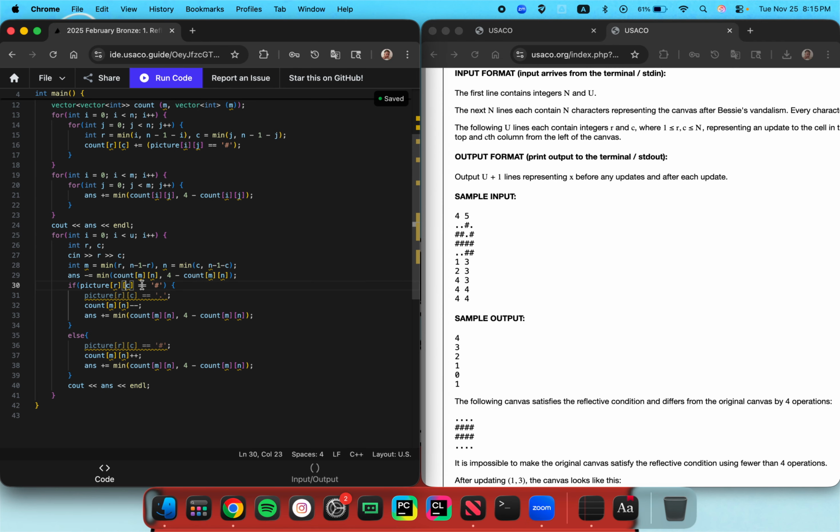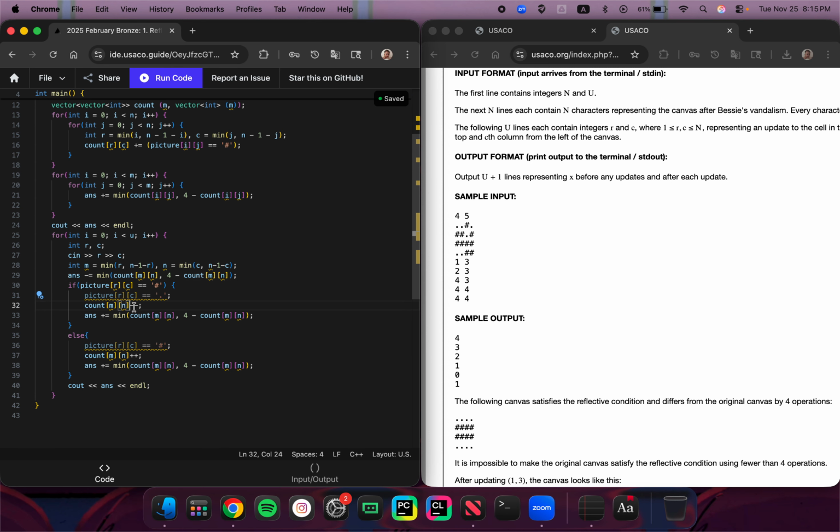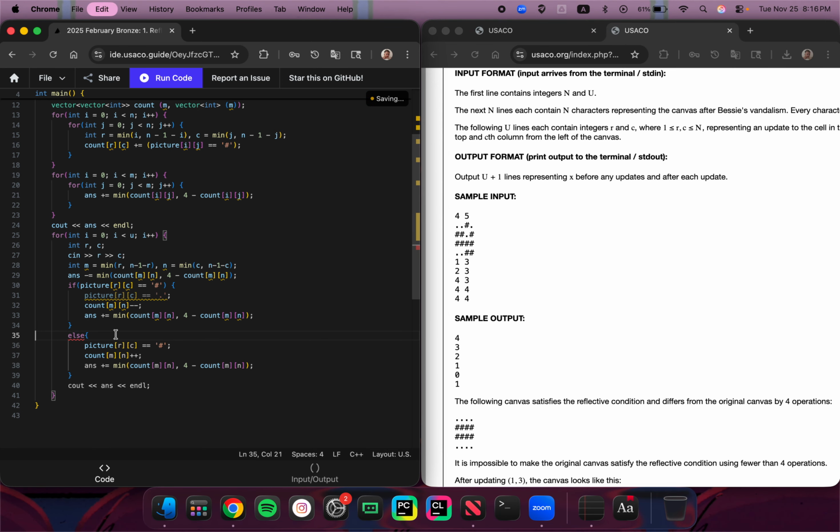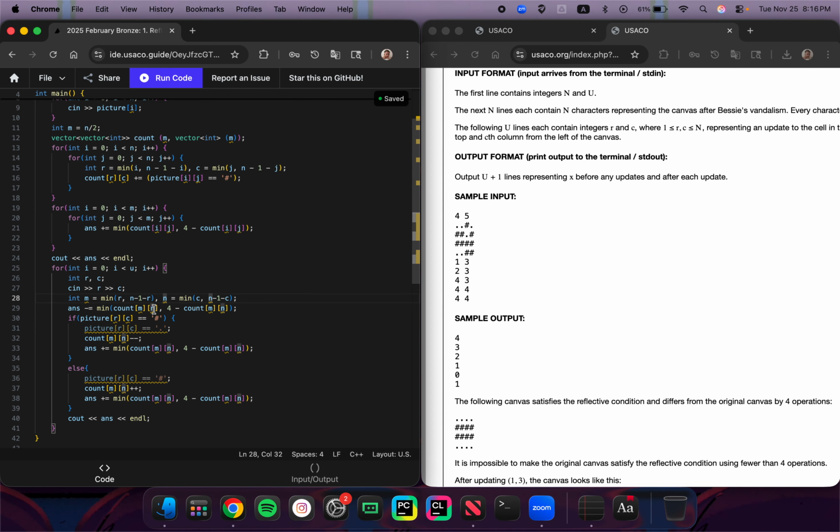Picture r c is equal to hash mark, picture r c equal to dot, count m n minus minus, and 4 minus count m n. I think this part is correct. What? What does that mean? Oh, that's why.